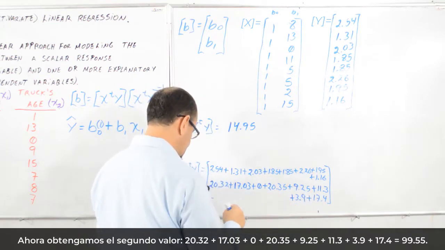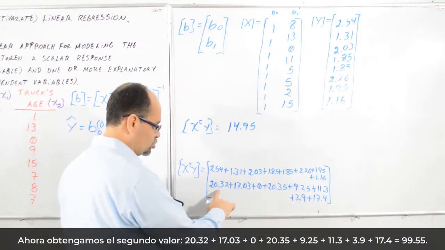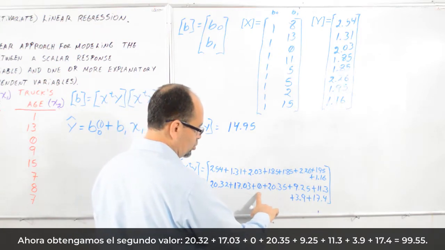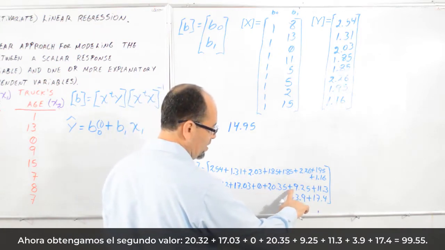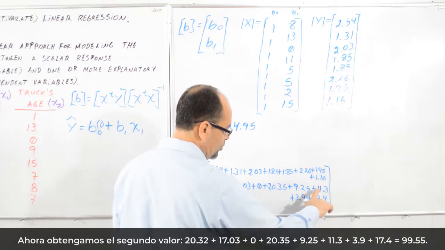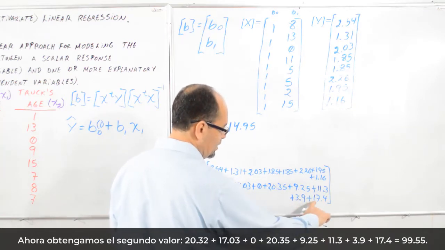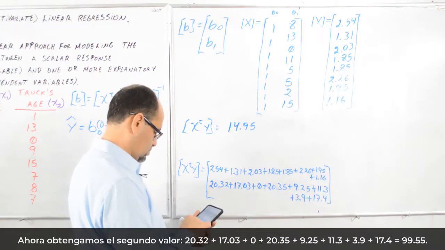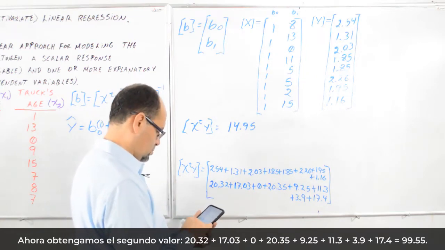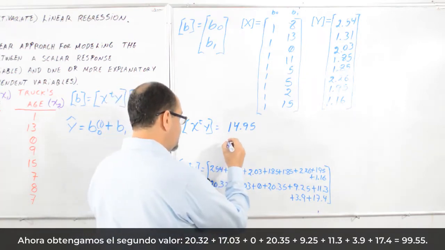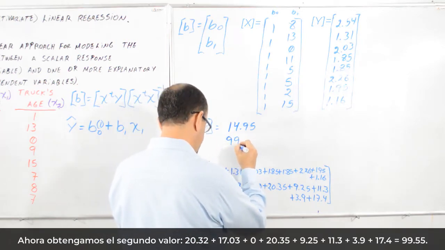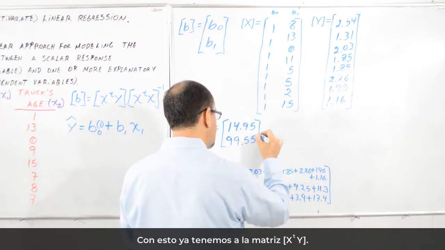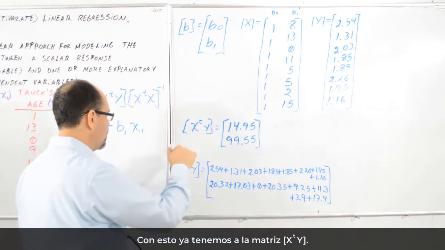Now let's obtain the second, which is 20.32 plus 17.03 plus 0 plus 20.35 plus 9.25 plus 11.3 plus 3.9 plus 17.4. 99.55. Okay, that will be the matrix X transpose Y.